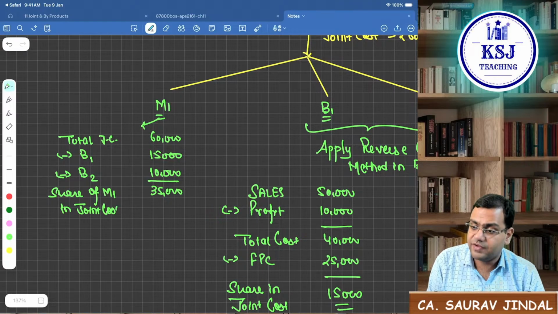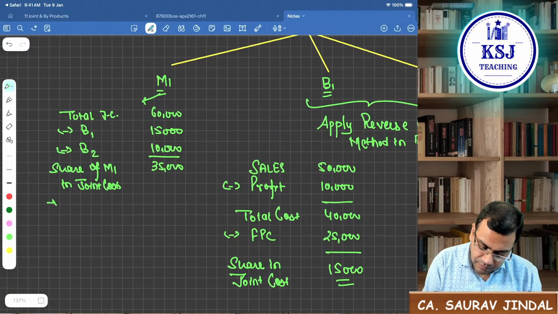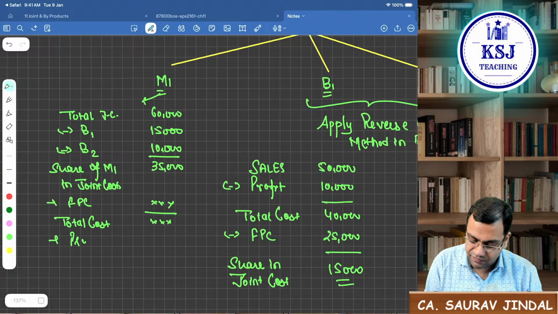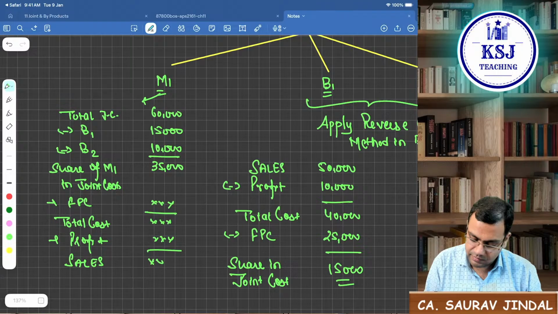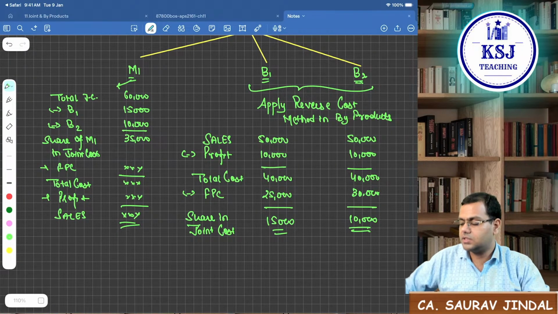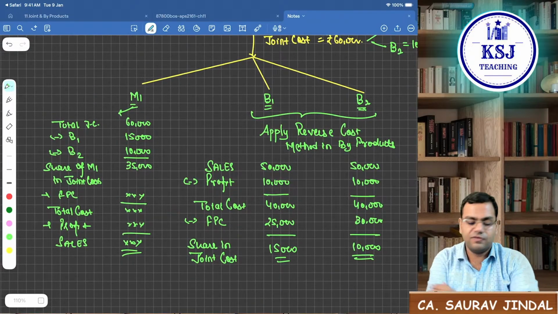Now if you want to find out the selling price, add FPC, you will get total cost. Add profit, you will get sales. This is your reverse cost method in case of byproduct.